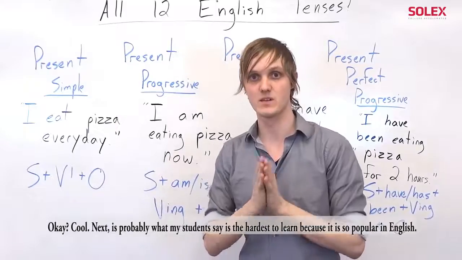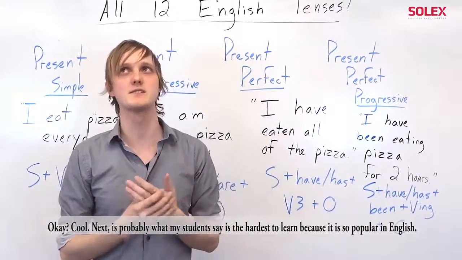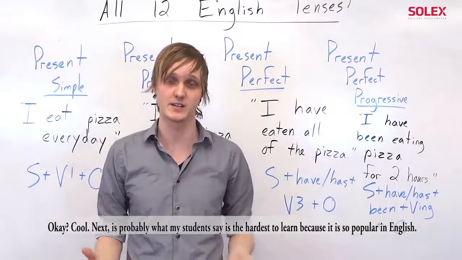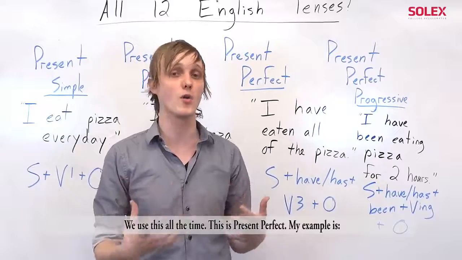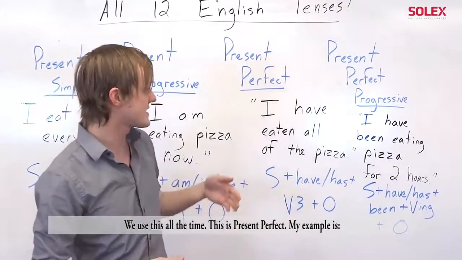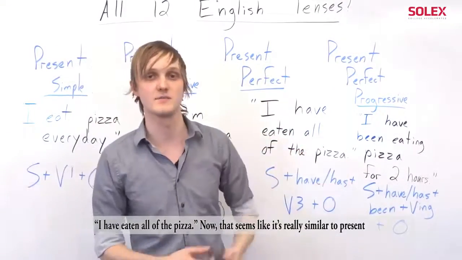Okay? Cool. Next is probably what my students say is the hardest to learn because it is so popular in English. We use this all the time. This is present perfect. My example is, I have eaten all of the pizza.